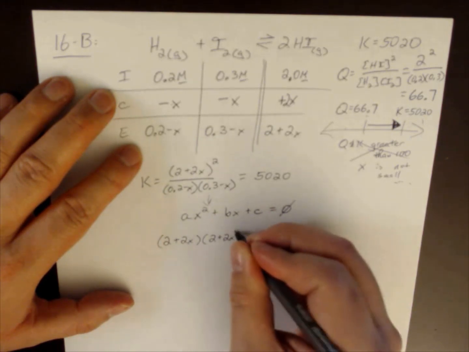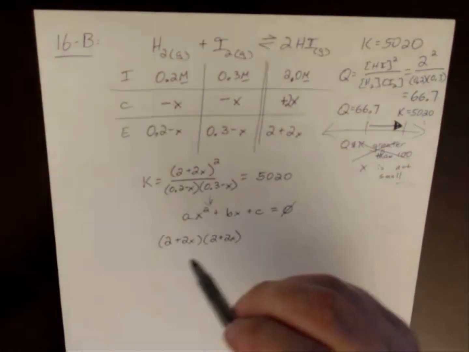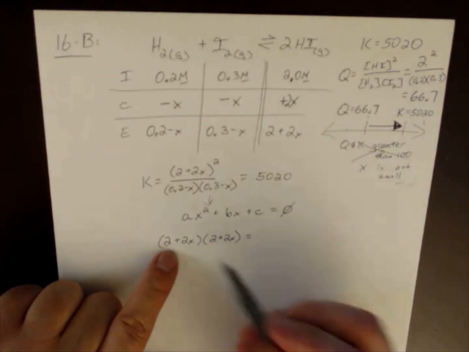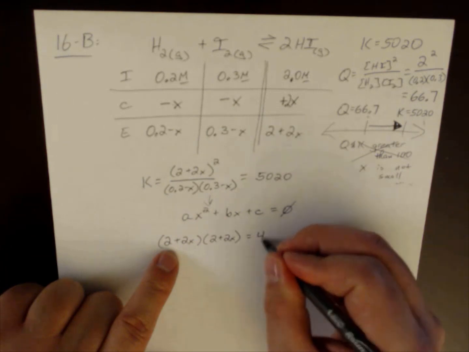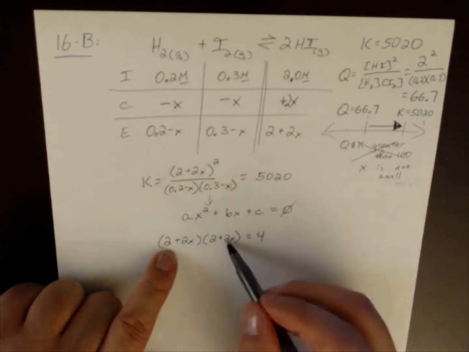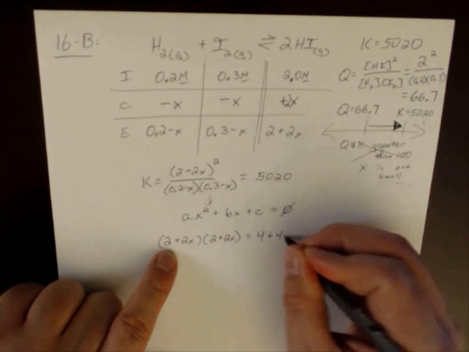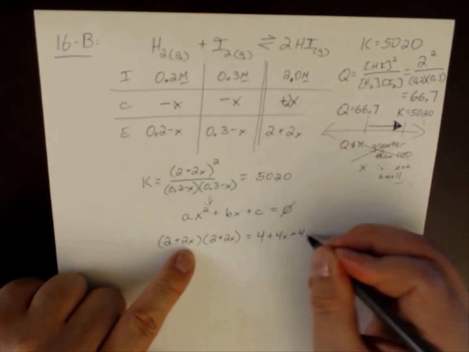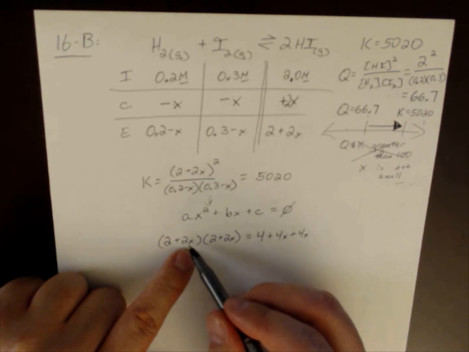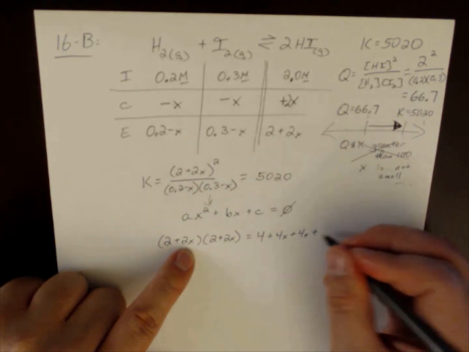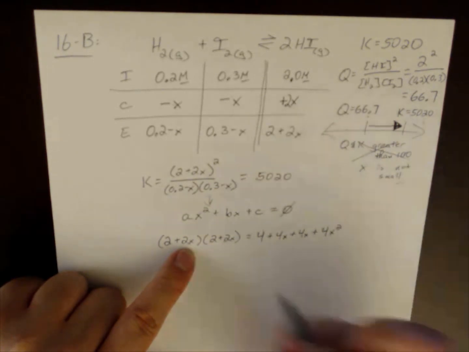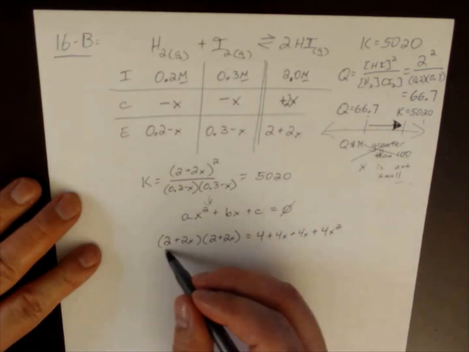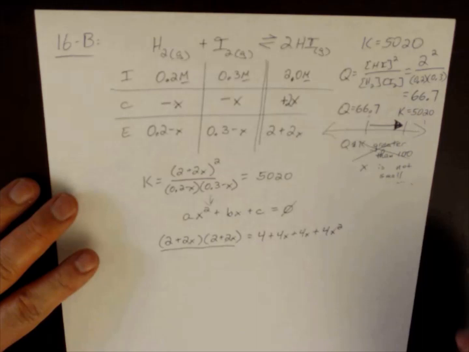If you remember, we have the FOIL method. First, 2 times 2 is 4. Then outside, 2 times 2x, inside, 2x times 2, and then last, 2x times 2x. Since it's x squared you didn't have to do the FOIL itself, but it's just a little easier, I think.